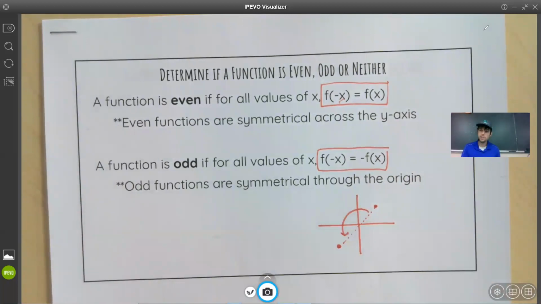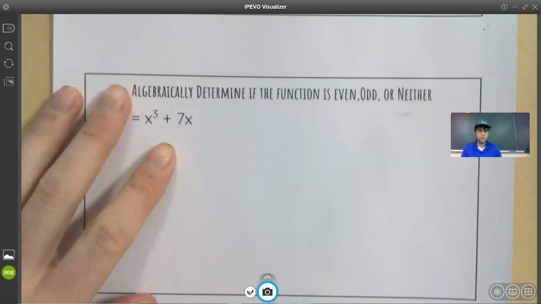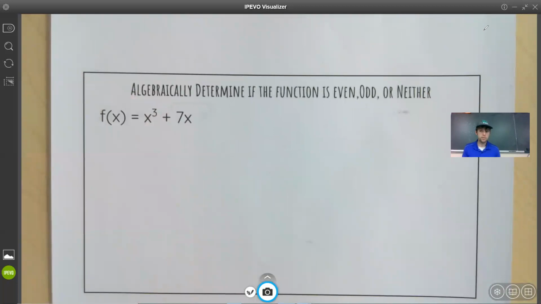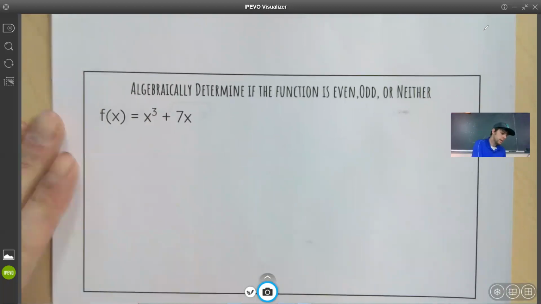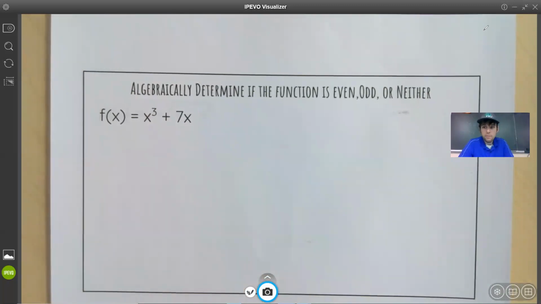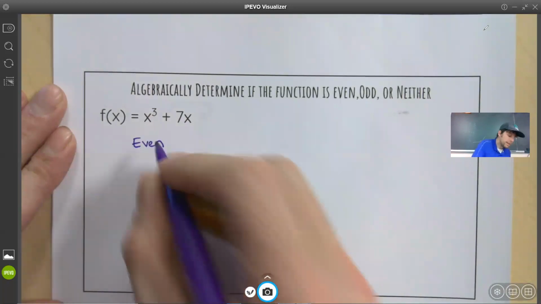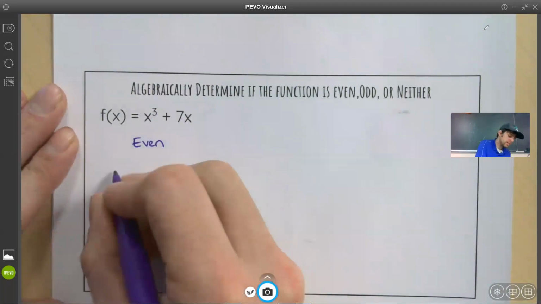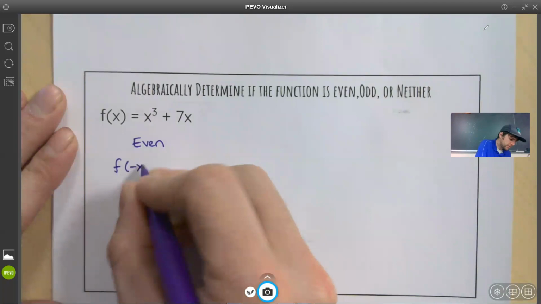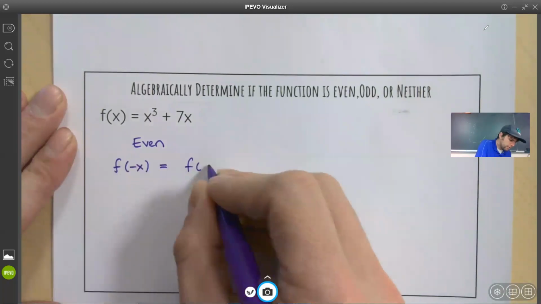We'll take a look at the graphs along with the algebraic approach of determining whether a function is even or odd. So let's go ahead and do our first example here. We're going to try to determine if this function is even, odd, or neither. So I'm going to go ahead and run through testing it for both. We'll start with even. For an even function, remember the definition is that f of negative x is equal to f of x.